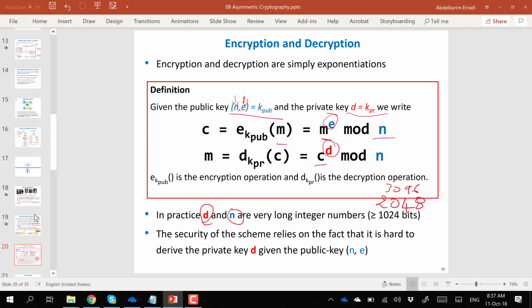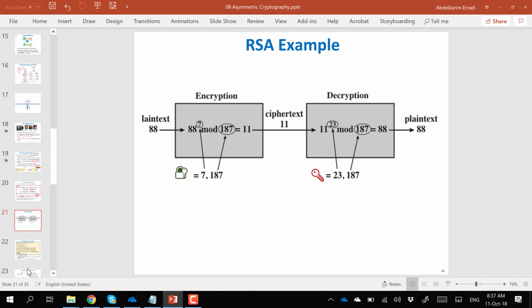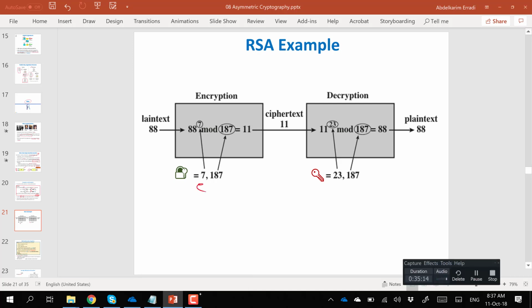Okay, so this is the encryption and decryption, and here is a small example. If I want to send the plain text, this top secret 88, here is my public key, my E and my N, and this is my D and my N. For encryption, I take the plain text, raise it to the power of E modulus N, and this gives me the ciphertext.